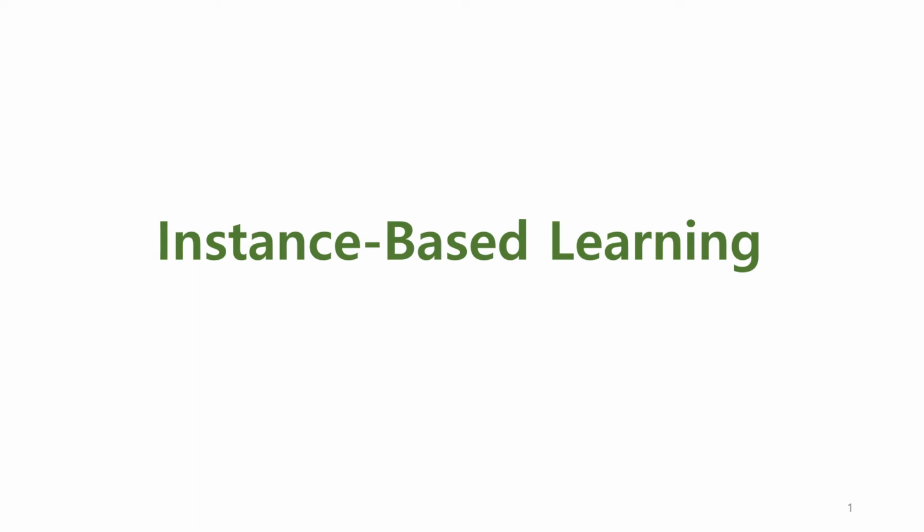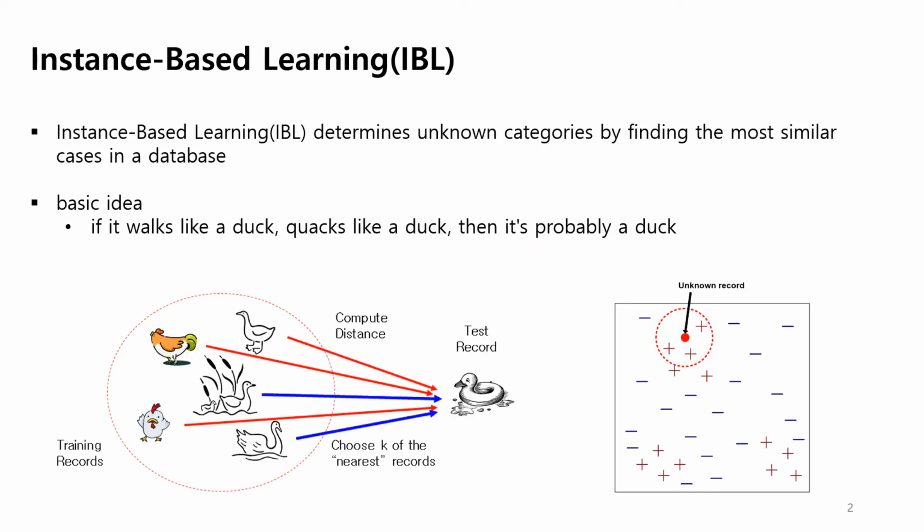Okay, the topic of this chapter is instance-based learning. The basic idea of instance-based learning is that suppose you have new data and you want to classify the new data, then you find some data similar to the new data.